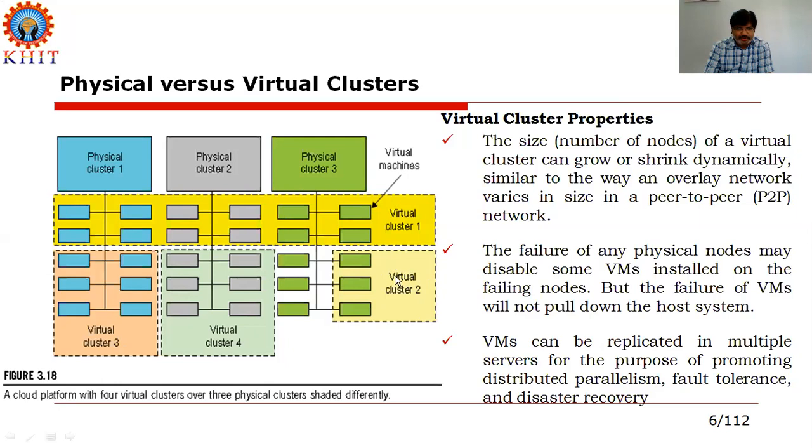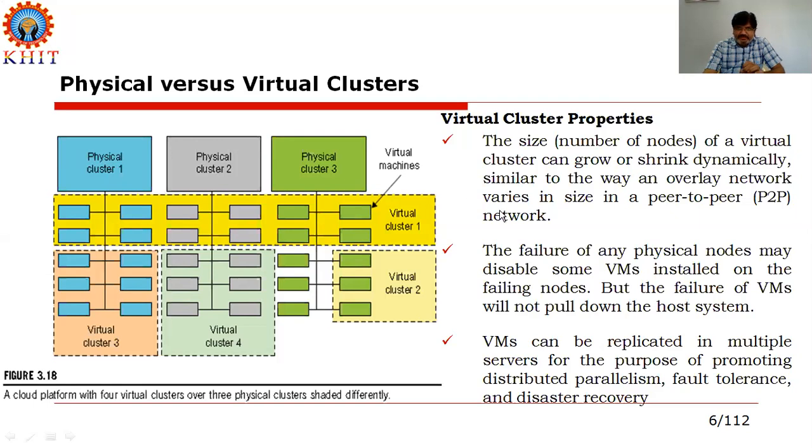These are four different virtual clusters over three physical clusters: physical cluster 1, physical cluster 2, physical cluster 3, shaded differently.